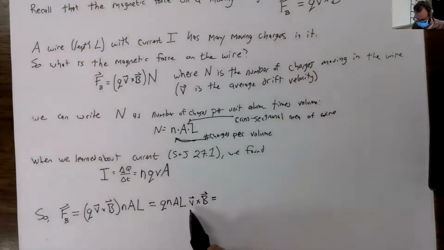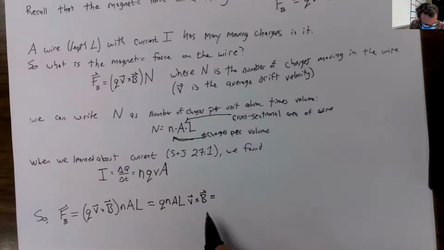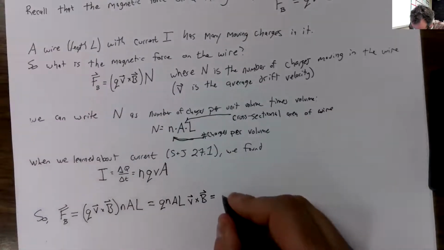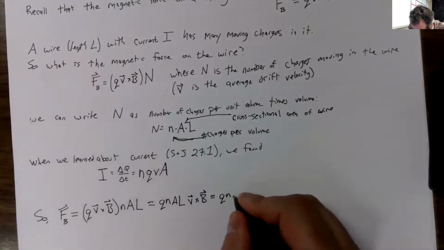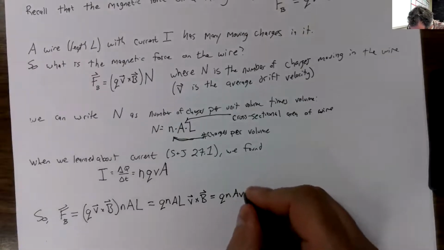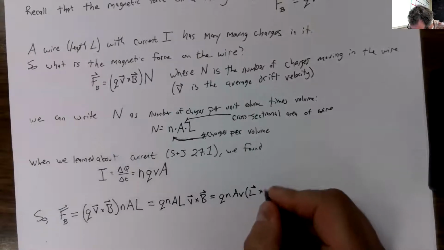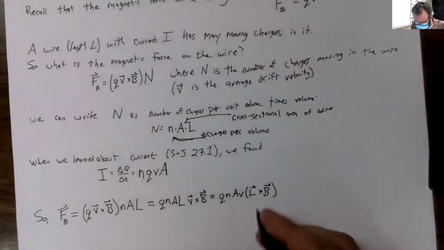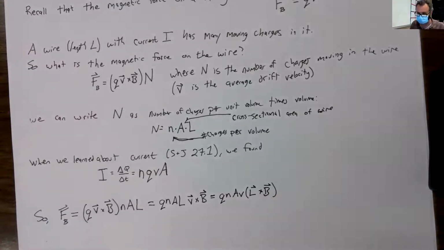Because the drift velocity is along the length of the wire, I can rewrite this without really changing anything as q times n times A times v, the speed, times L cross B. I'm just giving the direction to the length of the wire instead of the velocity, but it's the same thing, because the drift velocity of the charges is always down the length of the wire.